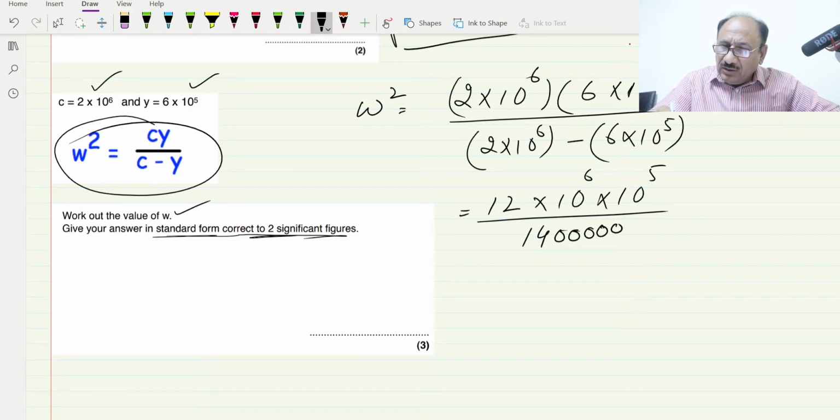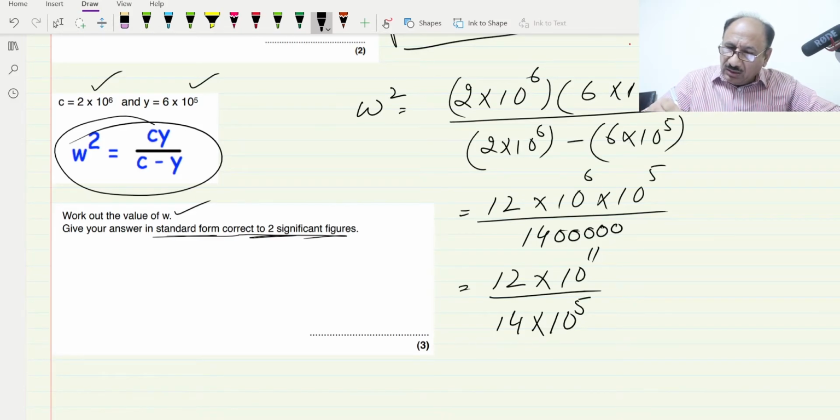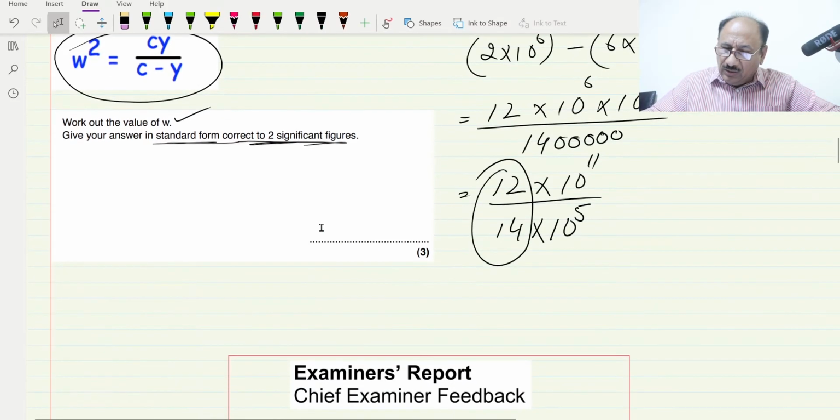Just write this number, or we can convert it into standard form. So the numerator will become 12 into 10 raised to the power 11 over 14 into 10 raised to the power 5, since there are 5 zeros. And 12 over 14 we can solve separately, as we did in previous questions as well.